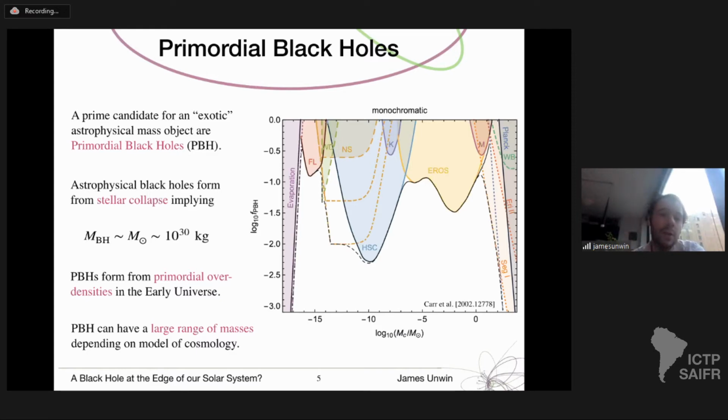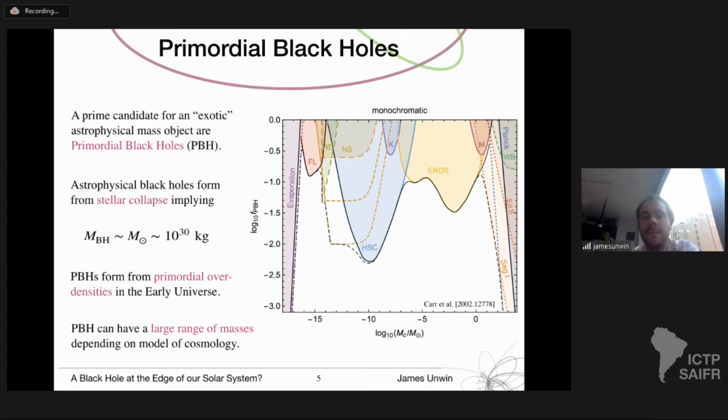These primordial black holes are normally formed by overdensities in the early universe. And because these aren't formed by stellar collapse, it means they can have an extremely large mass range. And depending on your model of cosmology, you might predict these things lie at some different mass. So it's not entirely unbounded, as is well known, that these things, if they're too light, they'll evaporate through Hawking radiation.